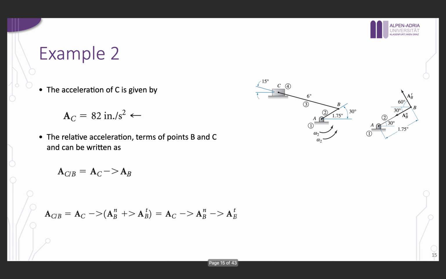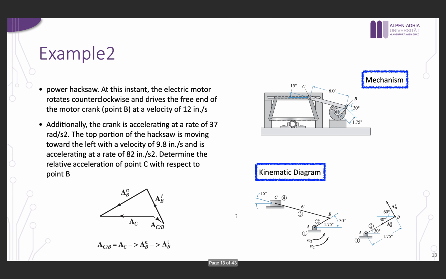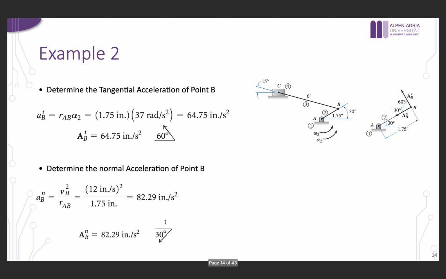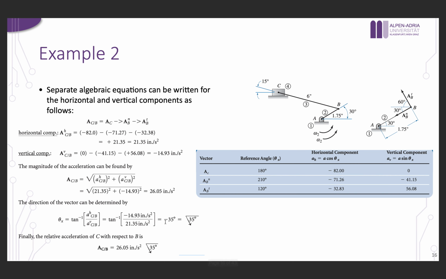So what we need to do now is get this one, and the way we get it is by doing some projection on the x-axis and the y-axis, the horizontal component and the vertical component.